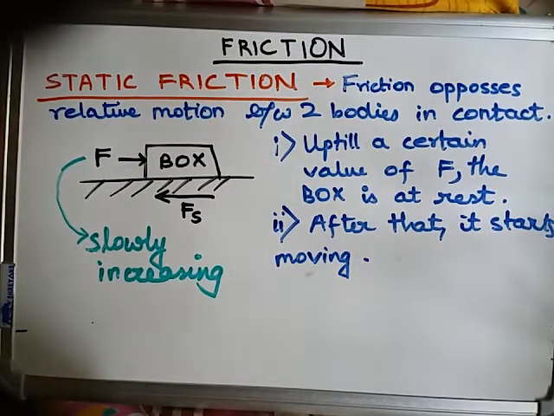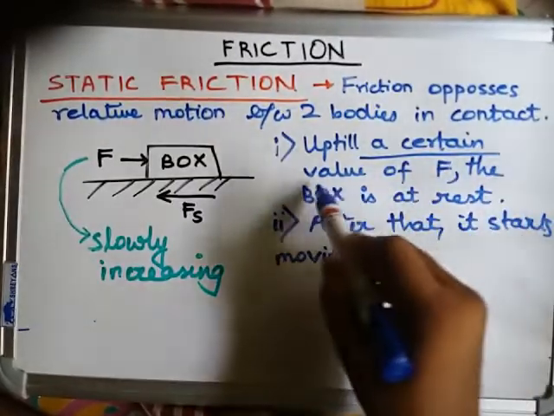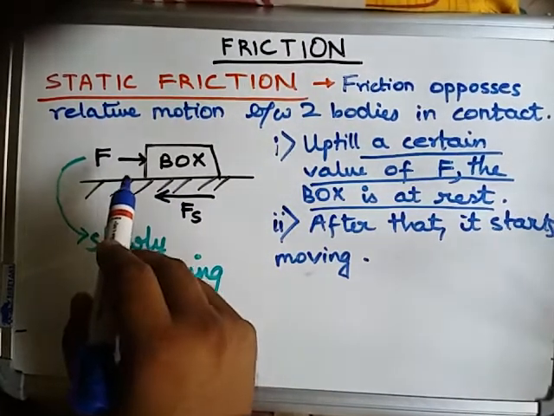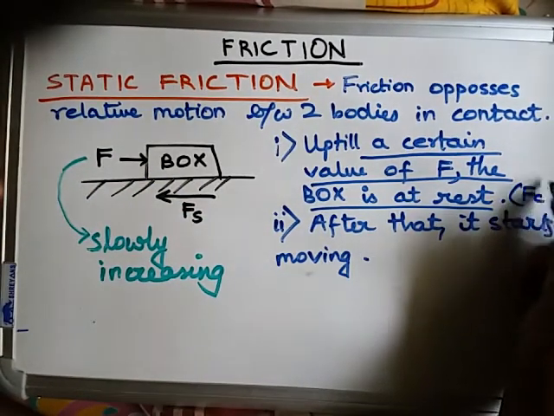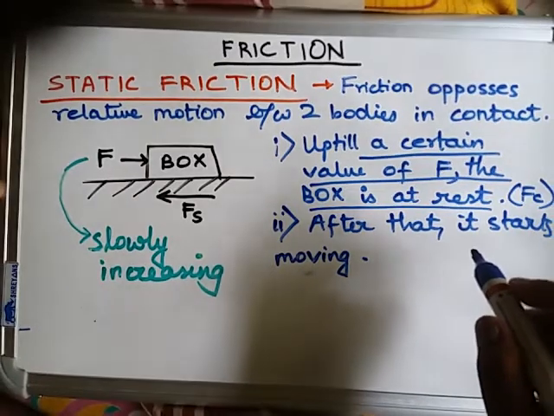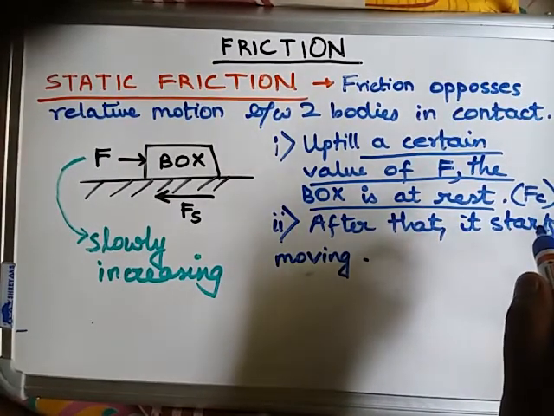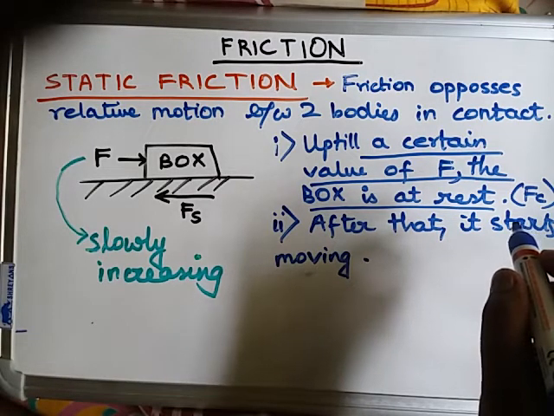So what can we say about this? Up till a certain value of F, the box is at rest. Let that threshold value of F, till which it remains at rest, be Fc. Up till Fc, F increases slowly.